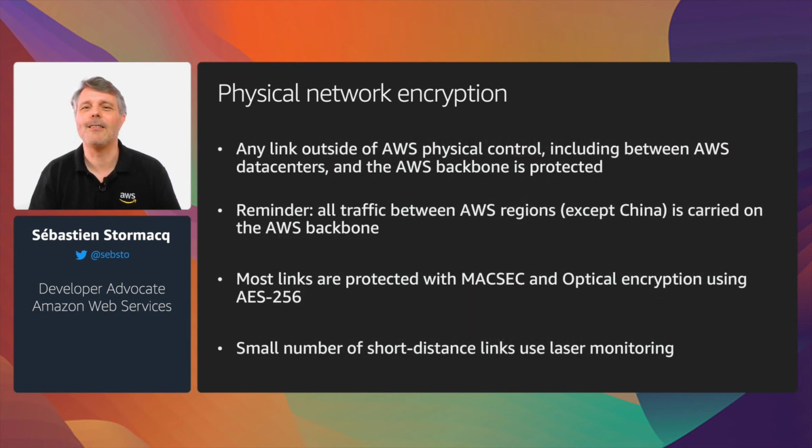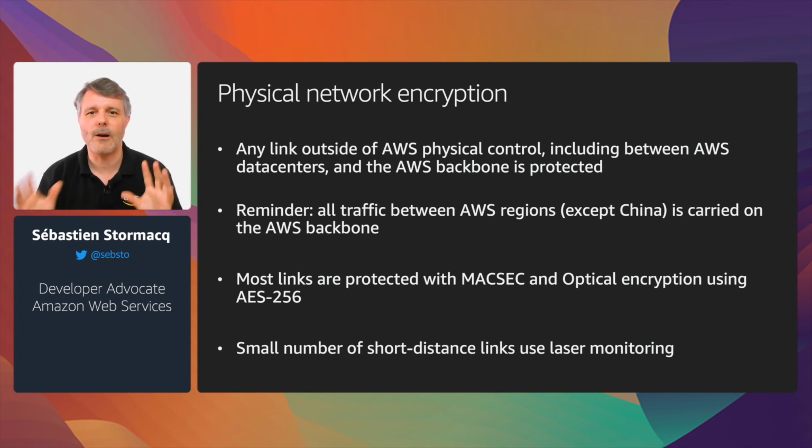encrypting the traffic. So any link outside of our physical control, including links between data centers, is encrypted, and we are using MACsec and a combination of MACsec and AES 256 to encrypt the data when it's on a link that we cannot control.